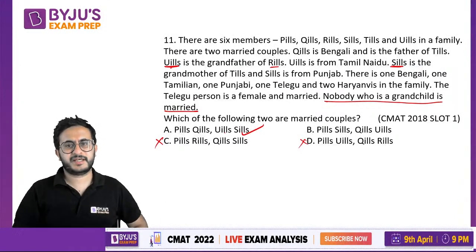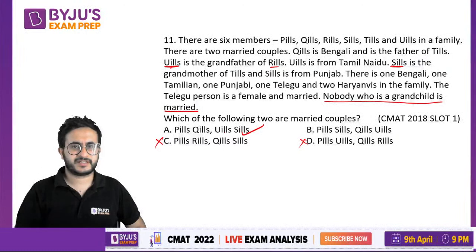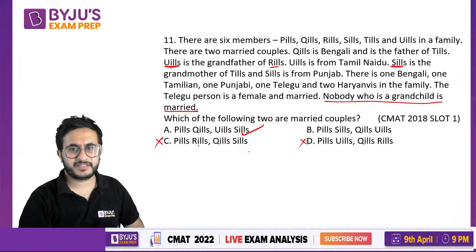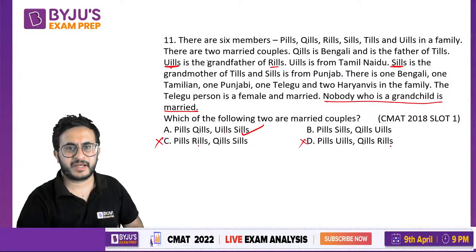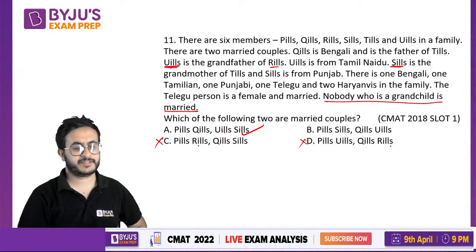In that scenario you should solve this. But here they have not asked to solve that. They have just asked which are married couples. So we can easily eliminate this because R cannot be married. And this is grandfather, this is grandmother, so they must be married to each other. So U and S are married. That is the only option that is satisfied.